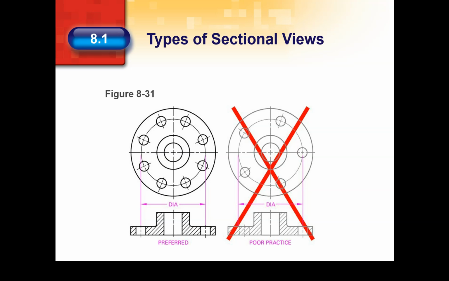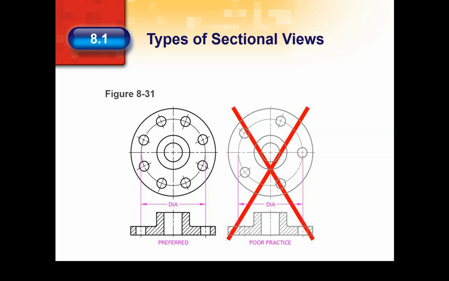When drawing a section or an elevation of a part with holes arranged in a circle, follow the preferred example in Figure 831. In this example, the holes have been rotated for the section drawing until two of them lie squarely on the cutting plane. These views then show the true distance of the holes from the center, whereas a true projection would not.